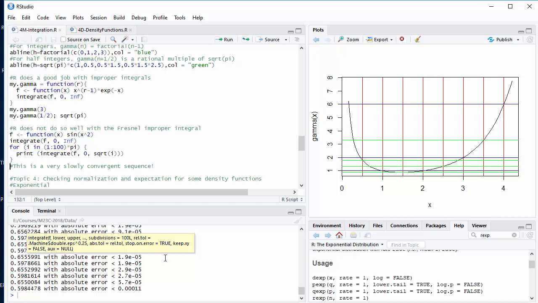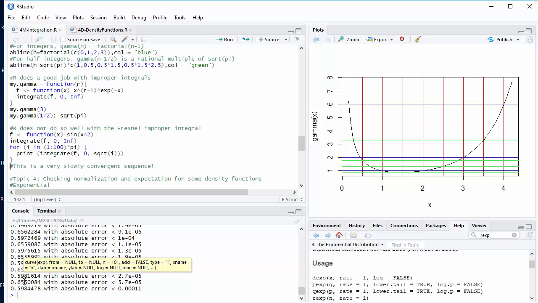That's what we expected. That's how we convince ourselves that this is going to converge. But you see, even when I go all the way to the square root of 100, the maximum value after it's been positive for a while is considerably larger than the negative value. This is an extremely slowly convergent sequence.